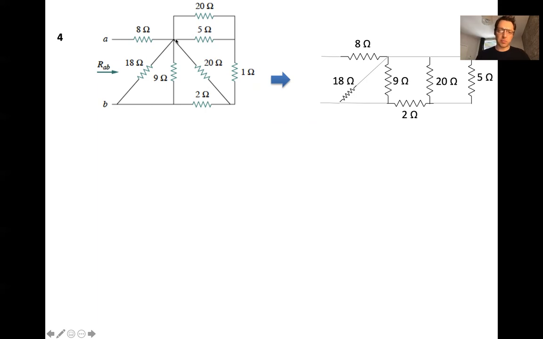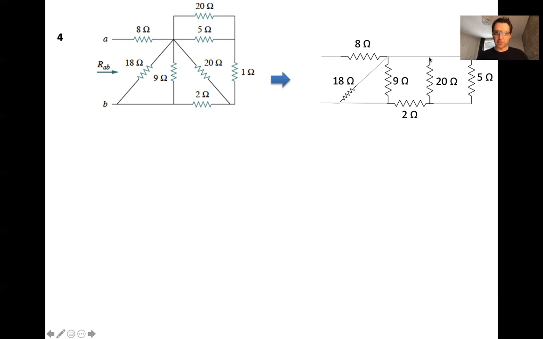And how do we know to put the top of the 20 here? Well, notice that this node here is the node in between the 8 and the 5 ohm equivalent resistor that is formed by the combination of the 20, the 5, and the 1, which is here. Right?